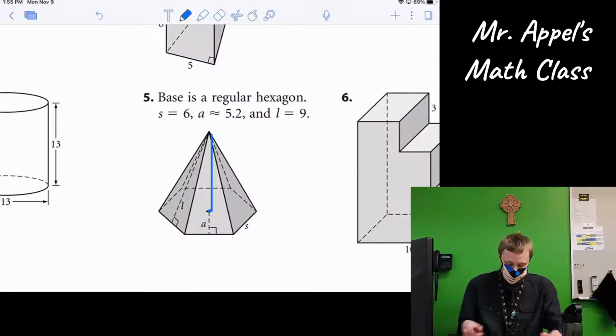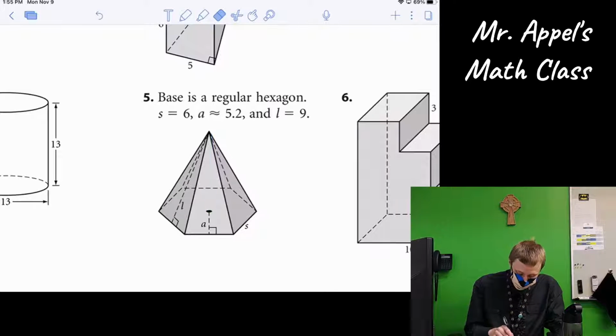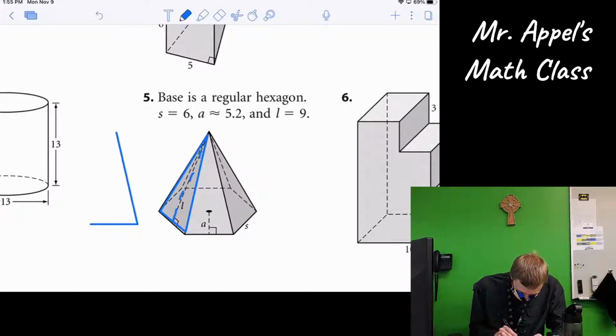Back to the diagram. I've got a triangle face over here, which I'll highlight there in blue, that they do give us, right? Length L. Let me redraw that triangle over here. Right? It's an isosceles triangle. Those are matching sides, and they give us L. And it's perpendicular.